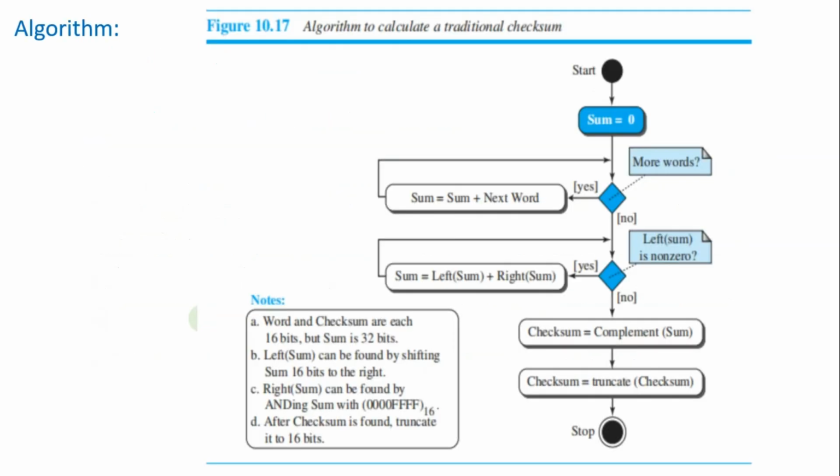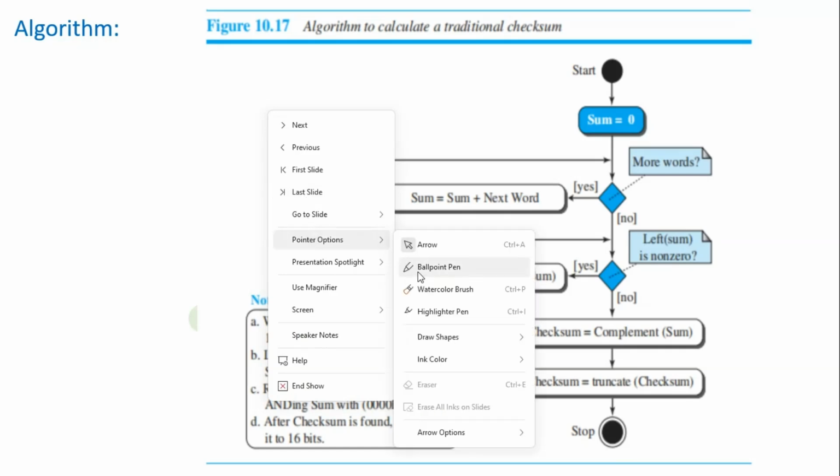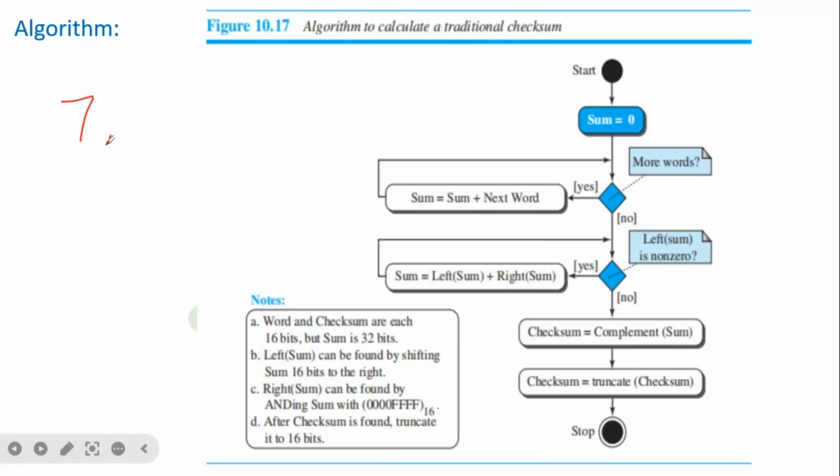Now the same thing explained with the algorithm. Initially the sum is 0. If you can recall, we had certain numbers: 7, 11, 12, 0, 6.